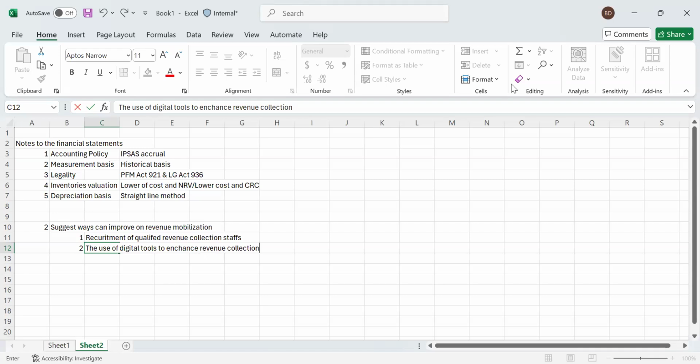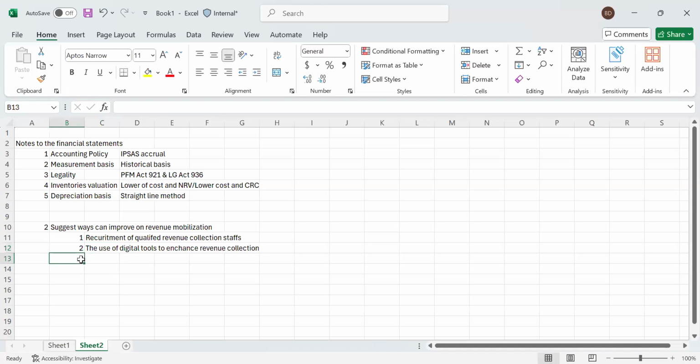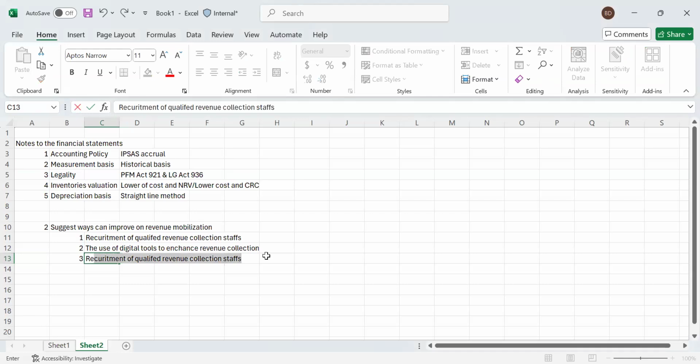The entity must invest in digital tools to enhance revenue collection. Great. Next point. What do you think will be the next point, please? You set a revenue target. Great. Revenue targets. I want to use your own word.